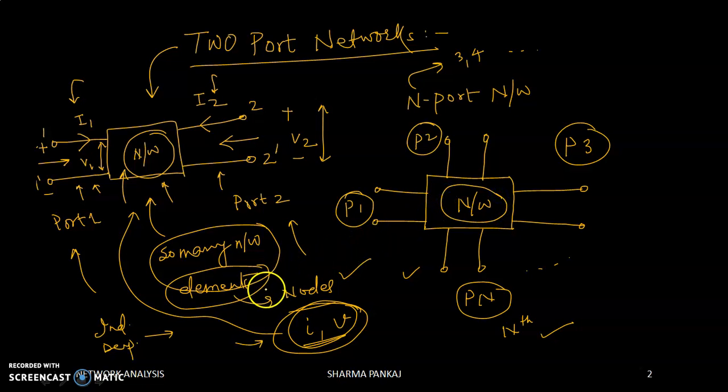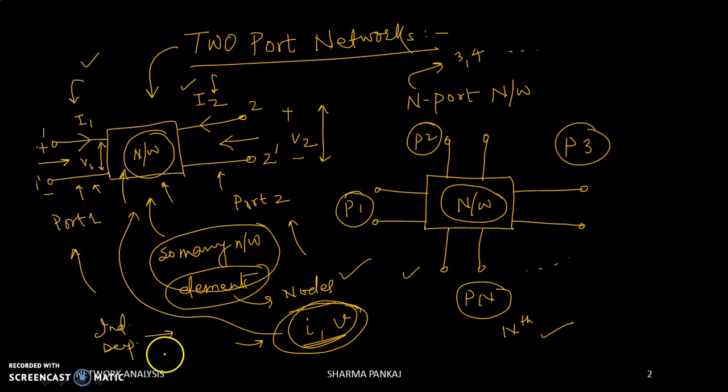So they are not specified in the two-port network representation. The inside current and voltage of this network are not represented. What is represented? Please listen: this one and this one.